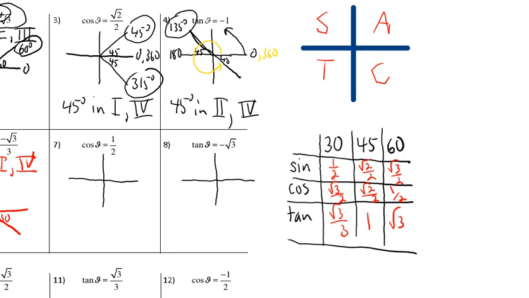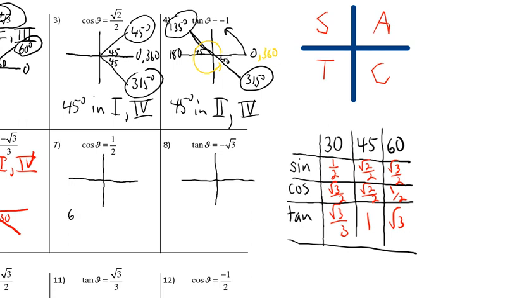All right. Let's see here. Elizabeth, what'd you get for a reference angle on number 7? The cosine of theta is 1/2. 60. Good, 60 degrees. And I've got a positive value for cosine, so quadrant 1 or 4.